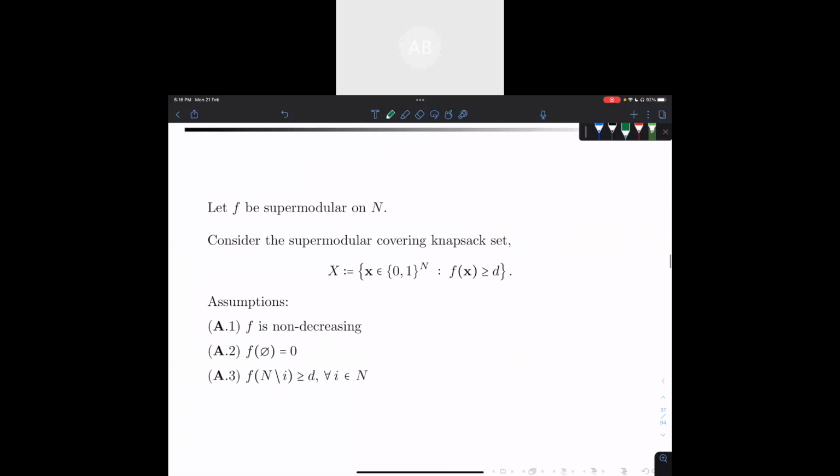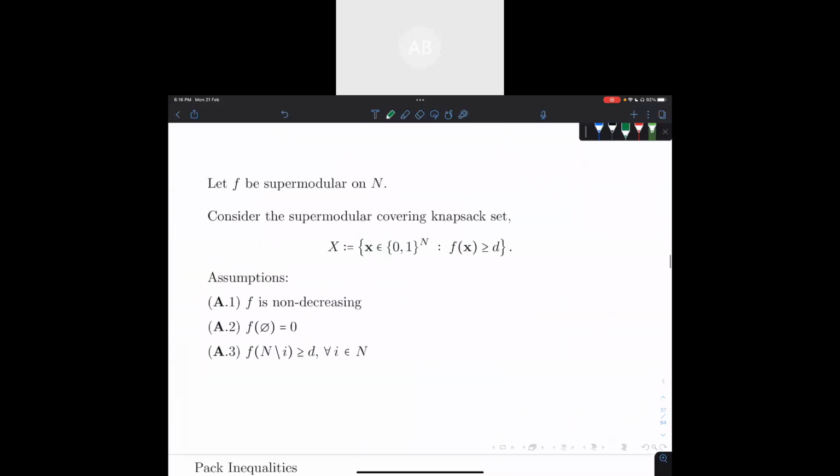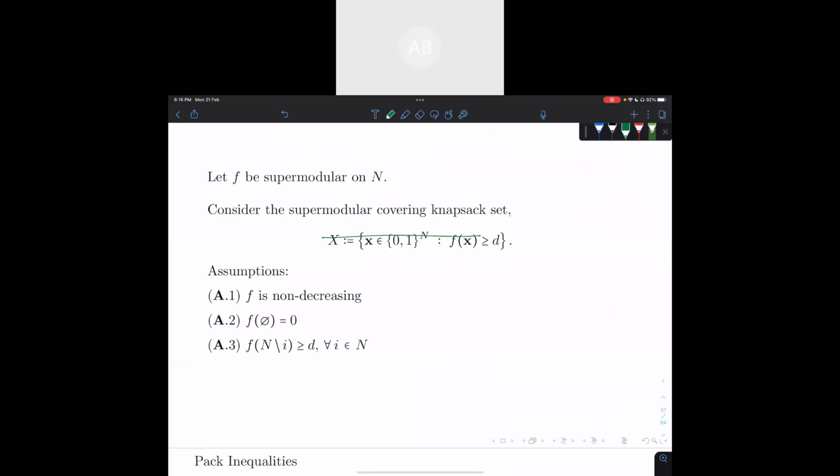Let's make similar kinds of assumptions, so that it can be considered either a non-increasing submodular knapsack or a non-decreasing supermodular knapsack. So basically, it's just a matter of negation. But don't let this notation confuse you.